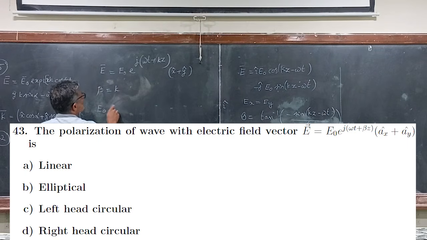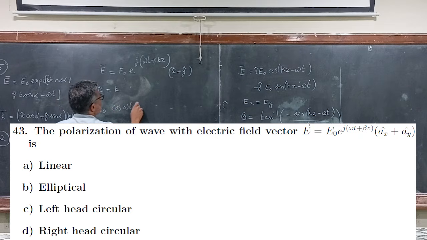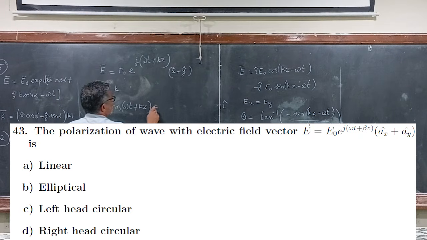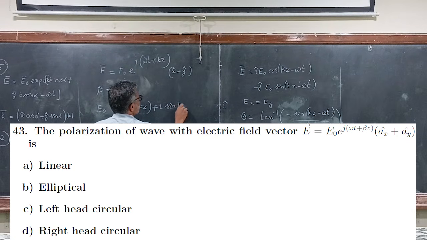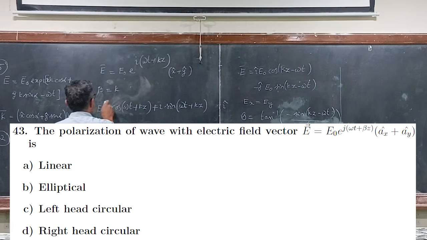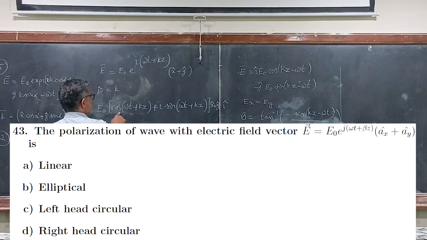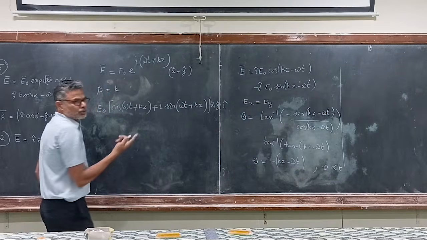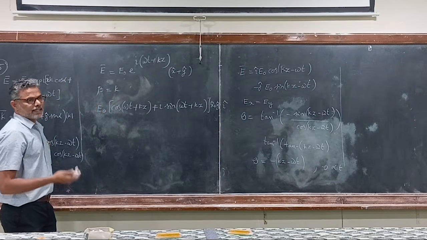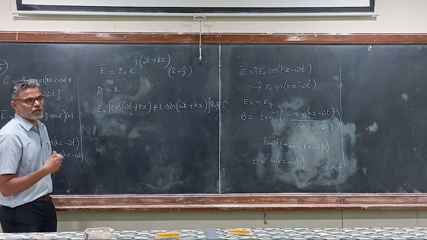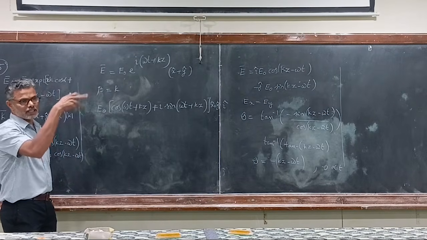So you have E0, let's say cos(omega t plus kz) plus j, or I let me put this, I sin(omega t plus kz), and then the whole times x cap plus y cap. So that means amplitude, there is no change, the amplitude is the same. And then if you ask about phase difference, there is no phase difference. Phase difference delta is 0.